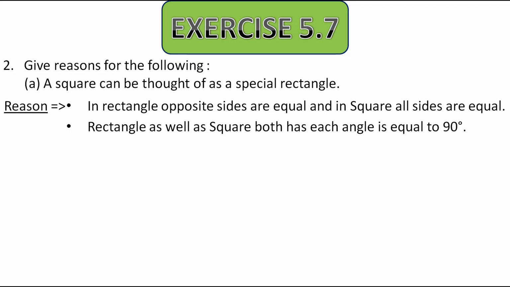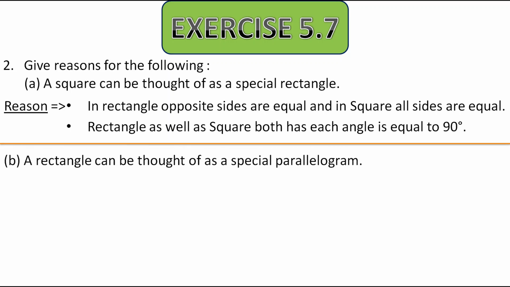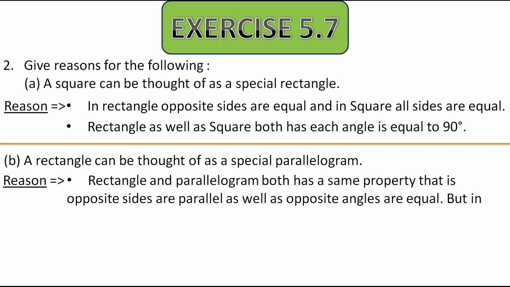Okay. Now let's move to the second statement, that is a rectangle can be thought of as a special parallelogram. Okay. So for this we have a reason that a rectangle and parallelogram both have the same property, that is opposite sides are parallel as well as opposite angles are equal. But in a rectangle all angles are equal to 90 degrees but not in a parallelogram.